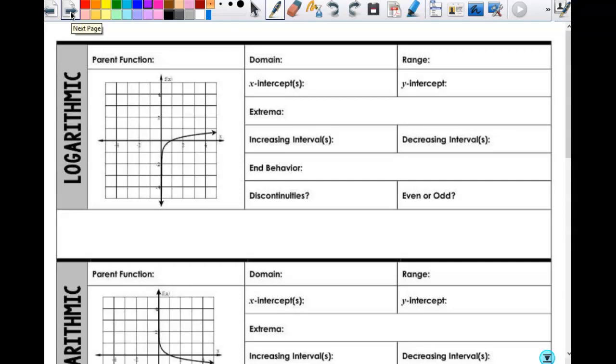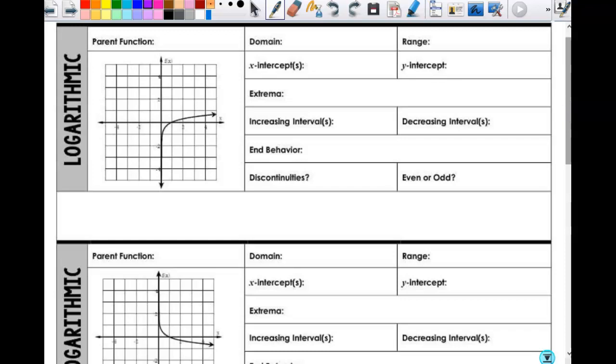So we have logs. Do I have an asymptote here? Yes. Where's the asymptote? Right there. The y-axis. What's that line? X equals 0. Good. Vertical. X equals 0. So for your logs, and the logs and the exponentials are reflections of each other.